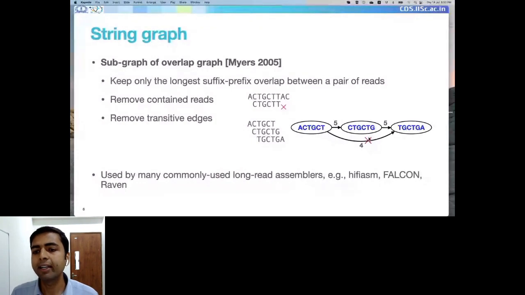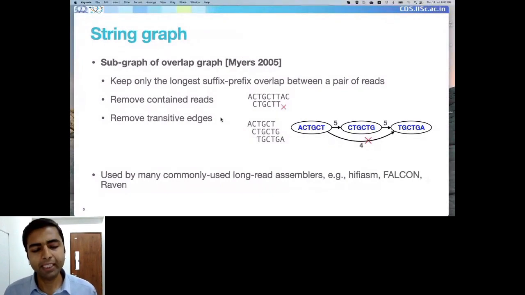Accordingly, this particular edge of overlap of length 4 is removed because it is redundant. Right, so rather than going from first to third directly, we will go from first to second to third. So this helps in cutting down the count of edges and vertices in the graph.